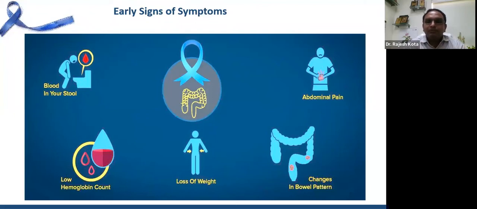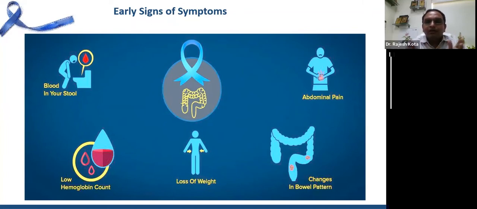So sometimes people might have fissures, anal fissures. That can also cause blood to be present along with the stool. Most of the times they might be the underlying cause. So people often neglect blood in stools as hemorrhoids and fissures.